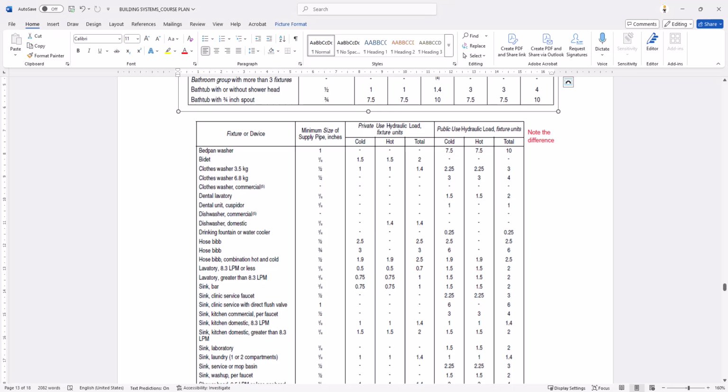So we go back to the table. Here we have 3 options: lavatory 8.3 liters per minute or less, lavatory greater than 8.3 liters per minute. Sorry, there's only 2 options. So they're both 3/8. If it's private, we have a half, and 0.7. And if it was public, we'd have 1.5, 1.5, and 2. So for the public washroom, I use this one, and for the private, I use this one.